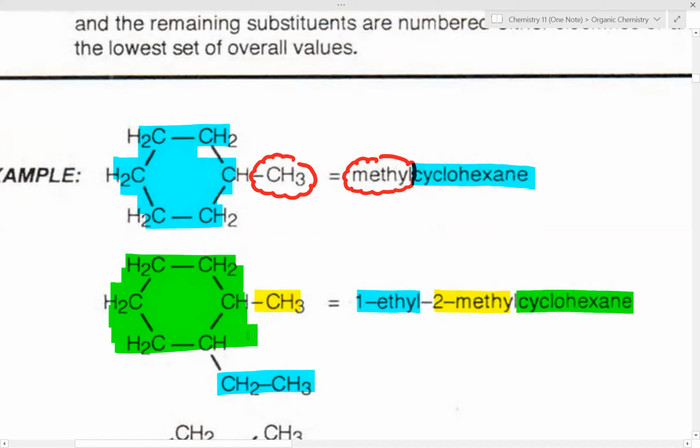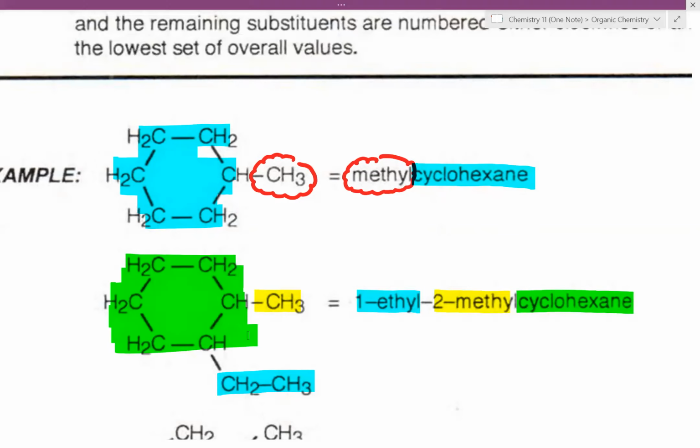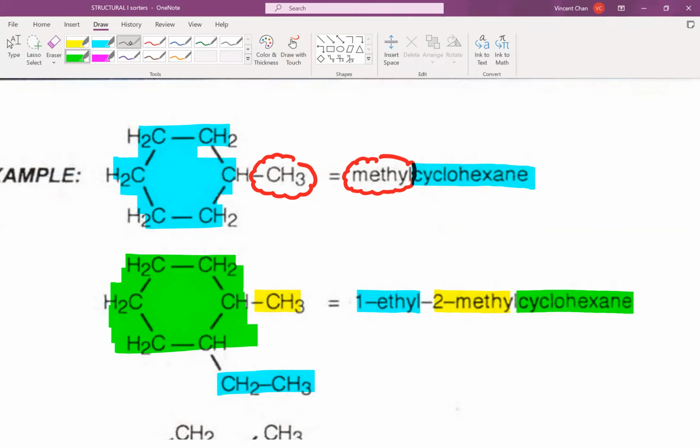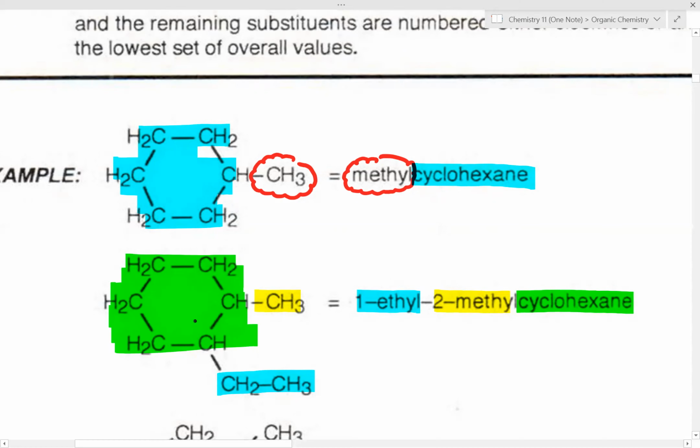Now, if you take a look, what happened is they started the numbering right here. They went 1, 2, 3, 4, 5, 6.